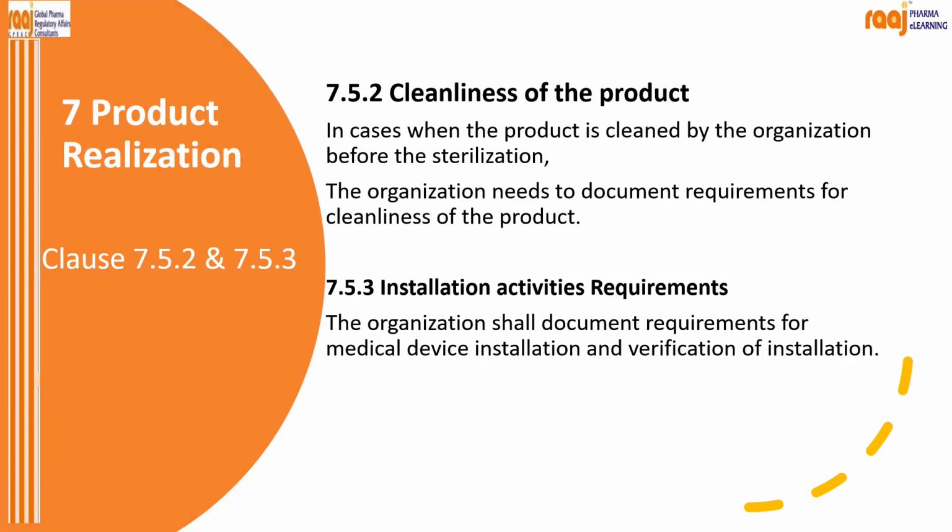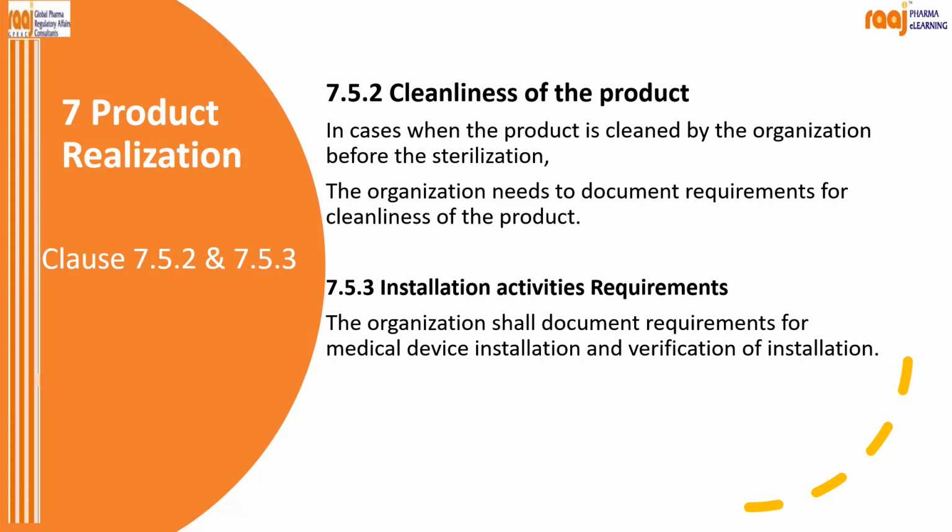That procedure has to be defined under 7.5.2, about the cleanliness of the product, because in the interim period you are going to store it in your premises before it is sent for gamma sterilization. Then in case of installation of equipment, some activities are there.